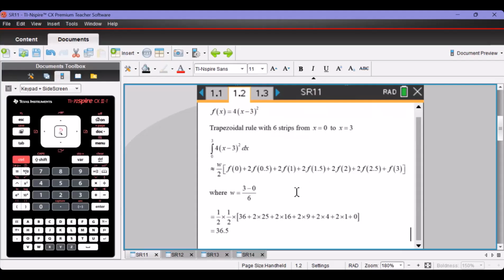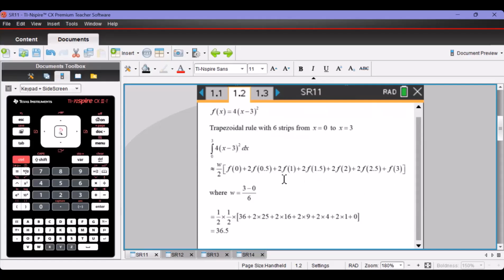So what you need to do is evaluate each of these at x equals 0, x equals 0.5, etc., up to x equals 3, and those values are substituted into the function to give you these function values.